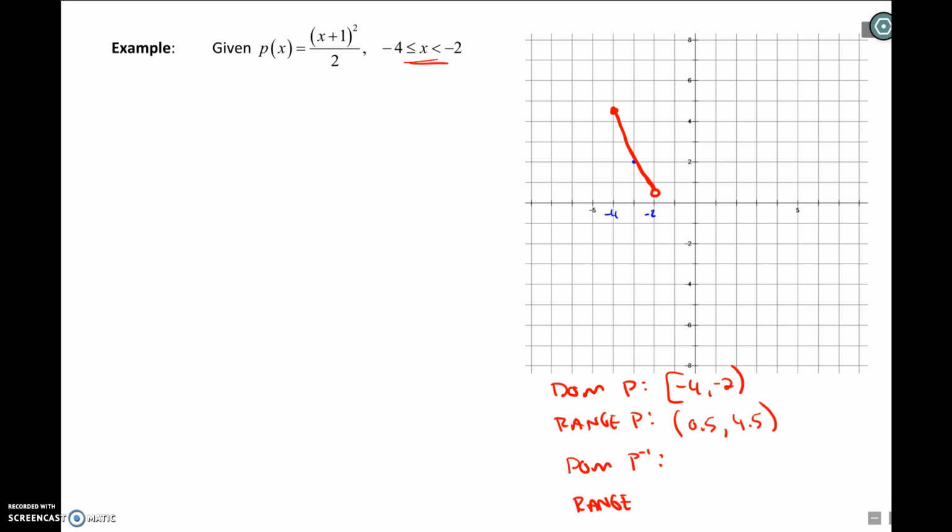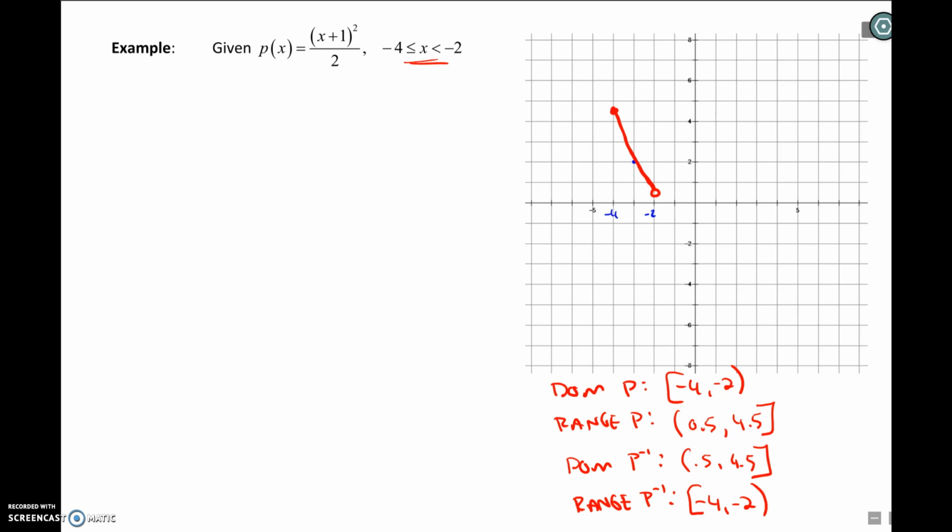Again, there's nothing else you get from this lesson. You should understand that you switch the domains and ranges. So the domain of this becomes the range, and the range of this becomes the domain, they switch. Oh, I made a mistake. This 4.5 should be inclusive. Exclusive 0.5 to inclusive 4.5.